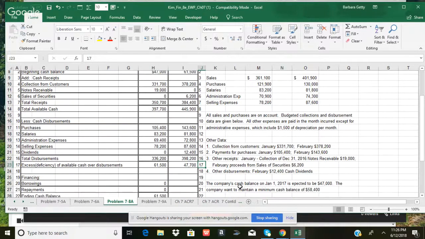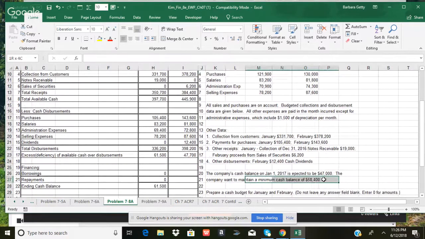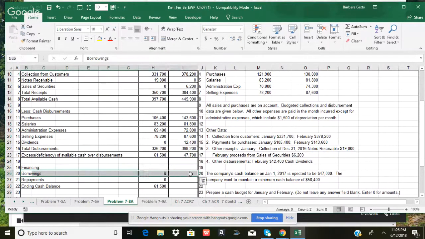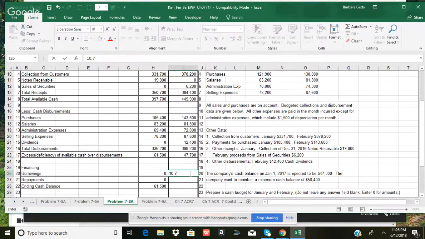So we see that the minimum balance over here is supposed to be $58,400, and we only have the $47,700, so we will need to borrow for February. So we take the $58,400 minus the $47,700, and we get $10,700 of borrowings.